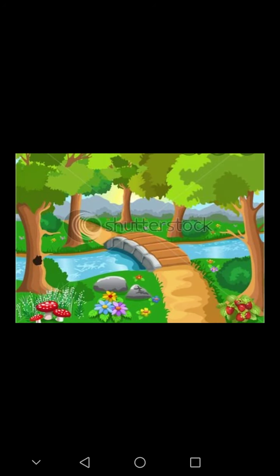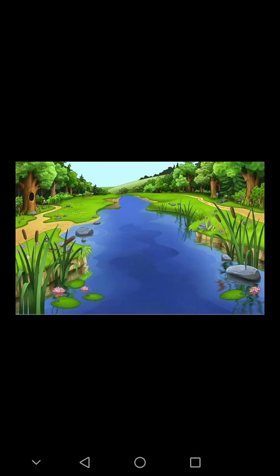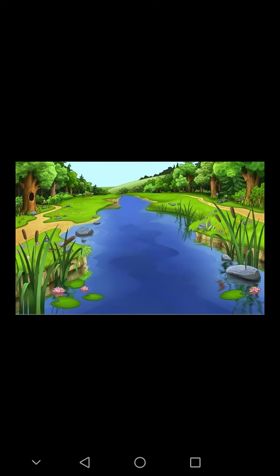Like, for example, Beauty and the Beast. It happened in a castle. Or it can be in a forest or in a wood, like Robin Hood. It happened in a forest or a wood. It can be near the river. It can be on an island. All these settings are places that the story happened in.